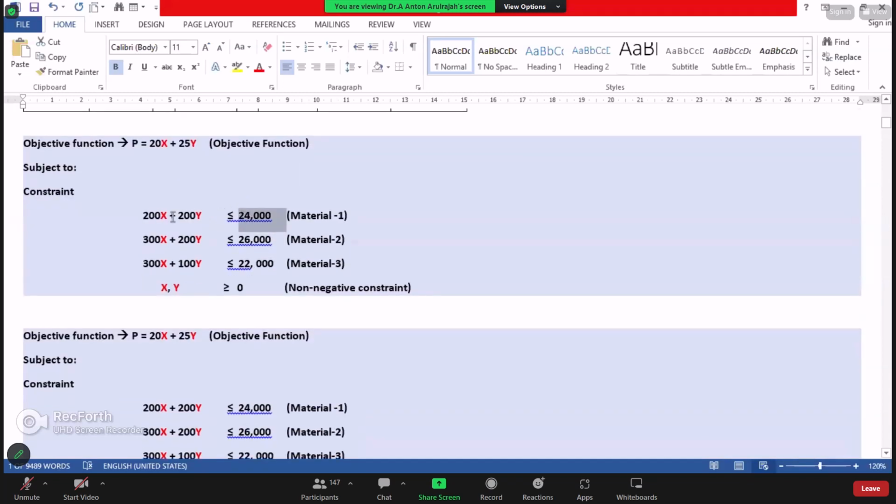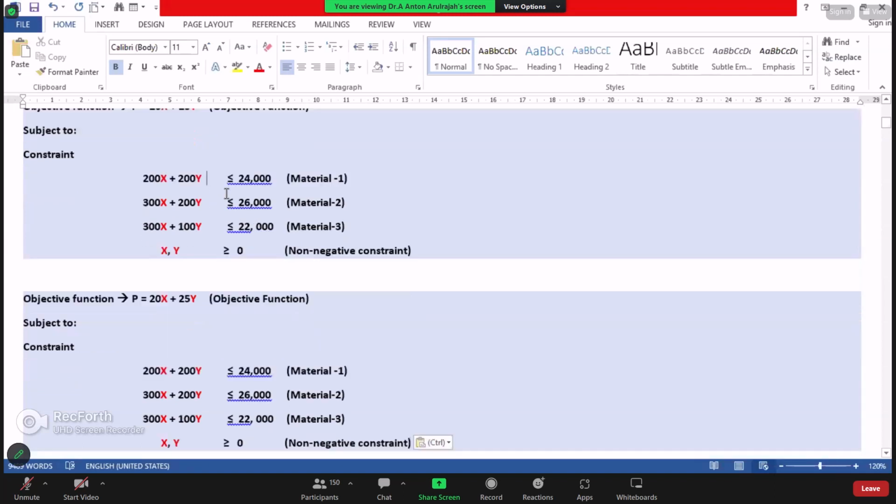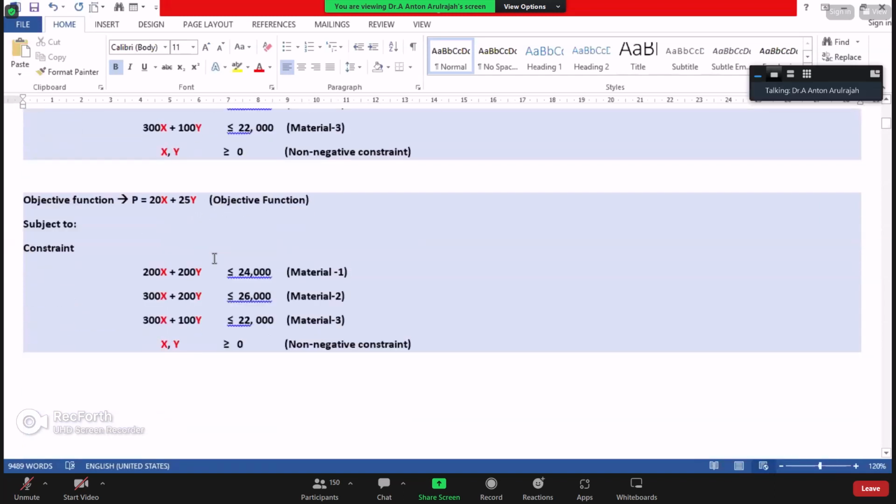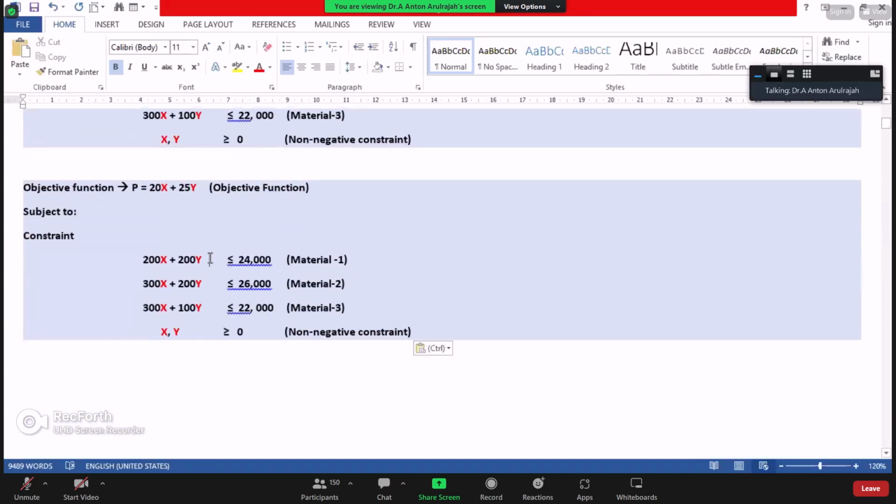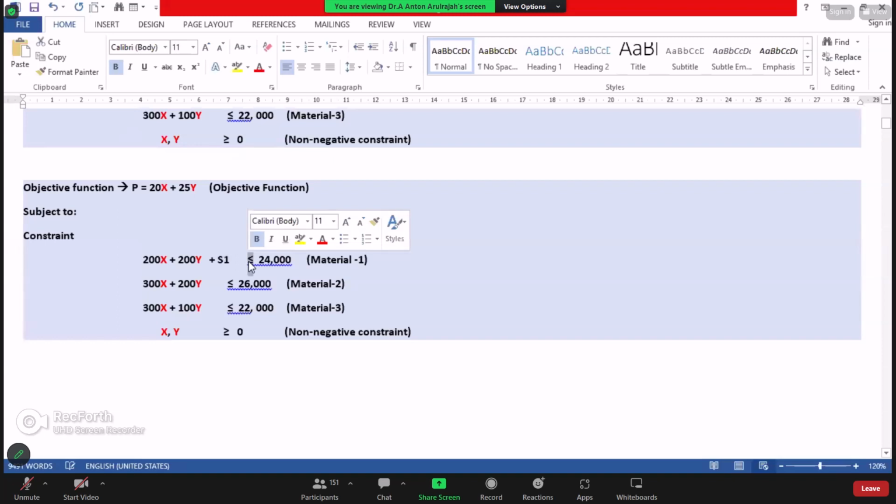So I have to introduce a variable, called a slack variable. In this first equation, I am introducing a slack variable, plus S1. The notation for the slack variable is S1. Then we make this an equal.